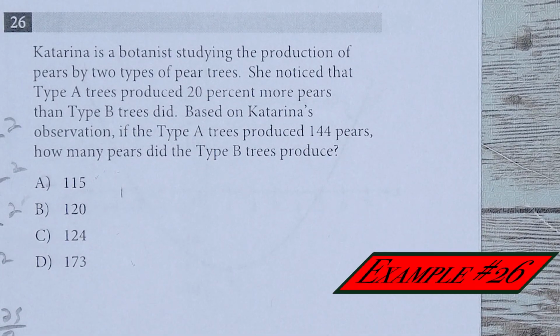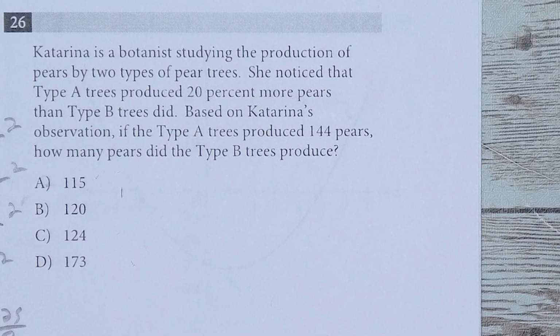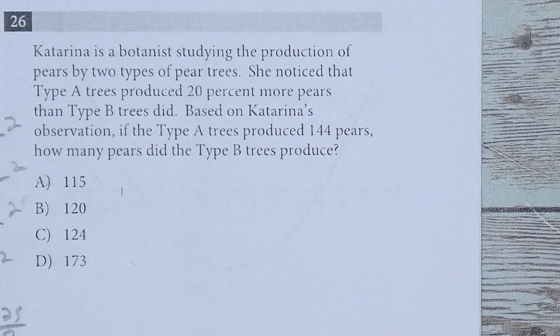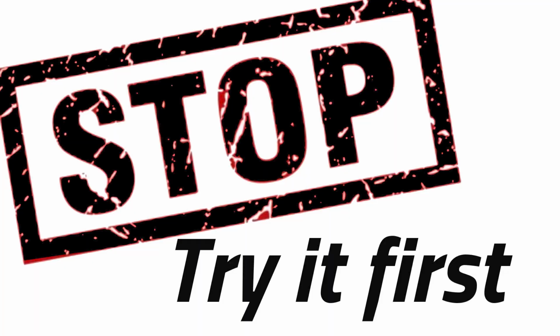Katrina is a botanist studying the production of pears by two types of pear trees. She noticed that type A tree produces 20% more pears than type B trees did. Based on Katrina's observation, if type A trees produced 144 pears, how many pears did type B tree produce?